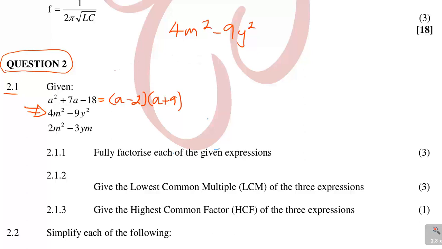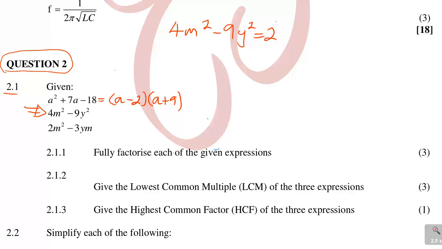Now there are 2, and most of the time I always remind students that whenever you look at these, it can give you an idea whether you must use the product sum, whether it's a difference of 2 squares, or whether you are grouping, so that you can guess your way through, just to be sure of what you're doing. So when I've got 2 items in this expression, chances are it is a difference of 2 squares. Now you can actually see it.